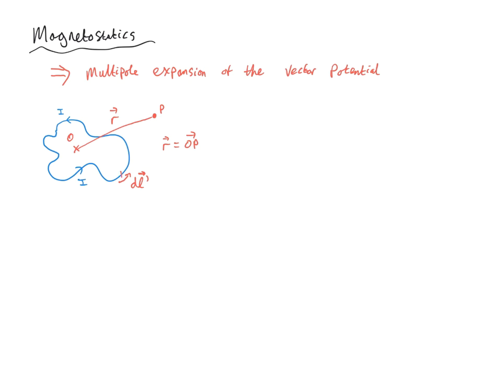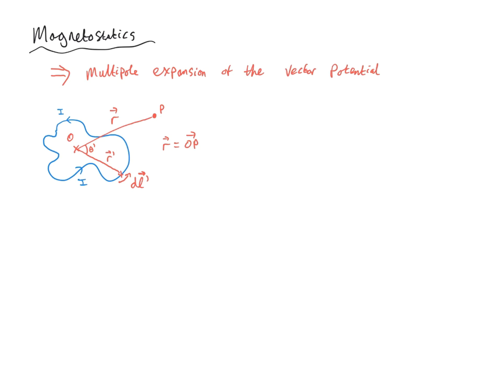Okay, so that can be centered on this little point here. And that vector from O to the source point we will call r primed. And just for future use, let's call the angle between r and r primed theta primed.